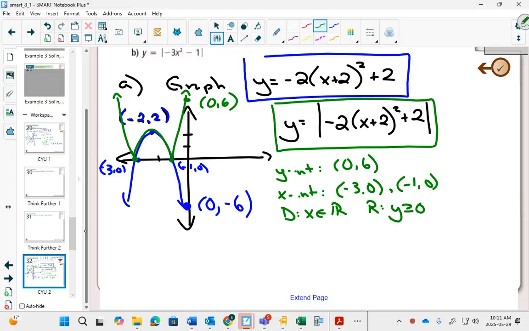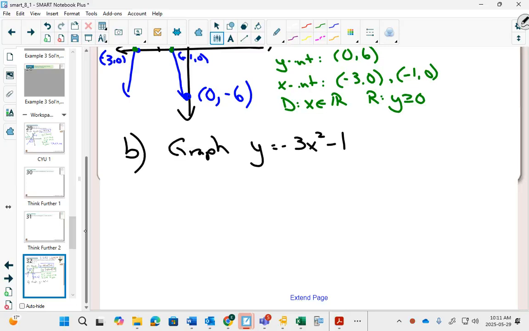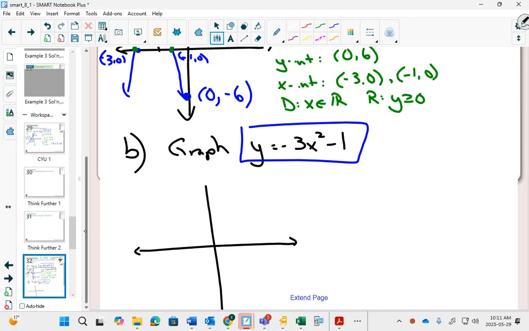So for B, graph the inside first, which is negative 3x squared minus 1. I'm going to do that in blue again. It's nice we didn't have to complete the square for any of these. The vertex here is at 0, negative 1.